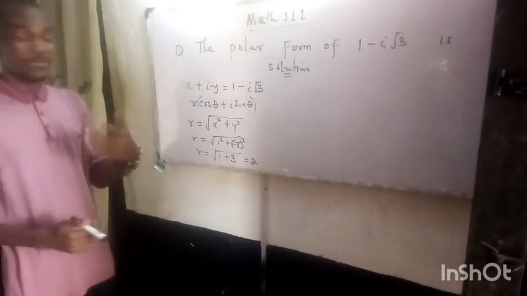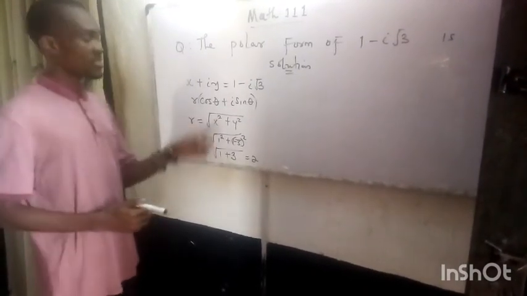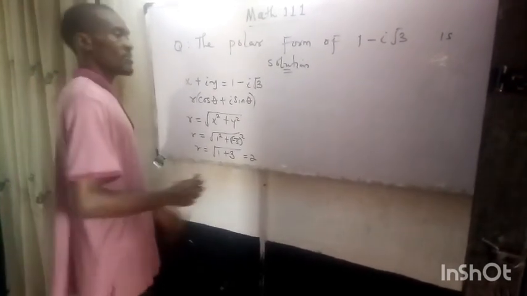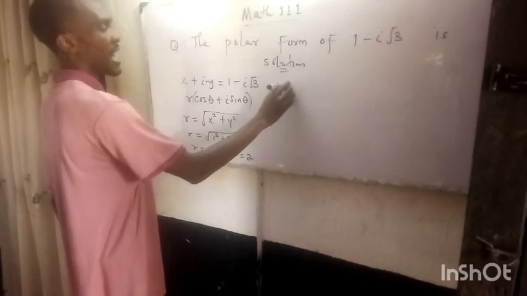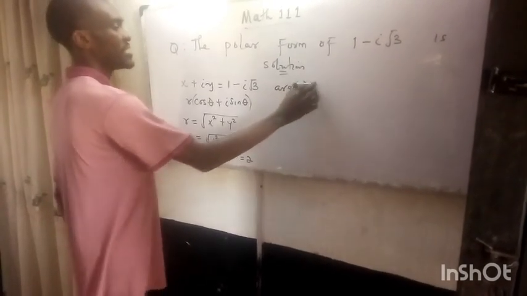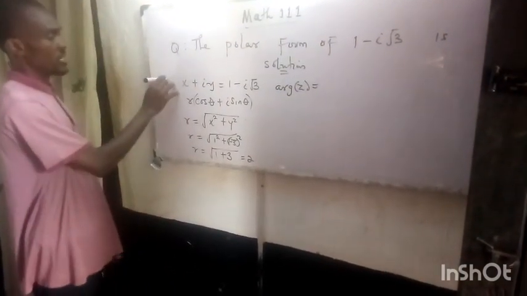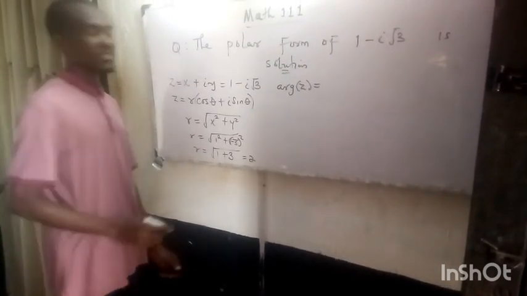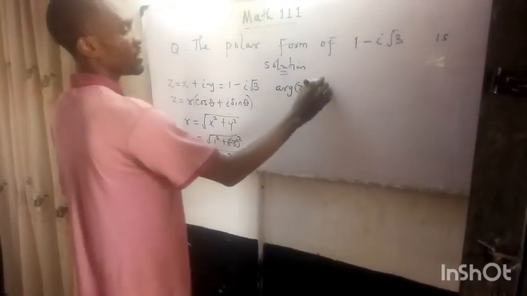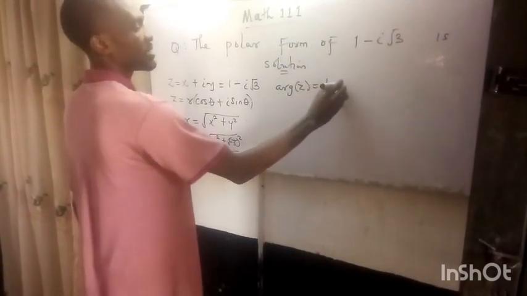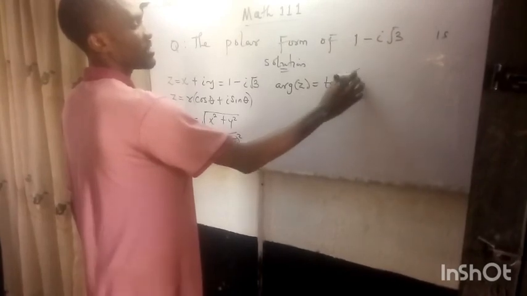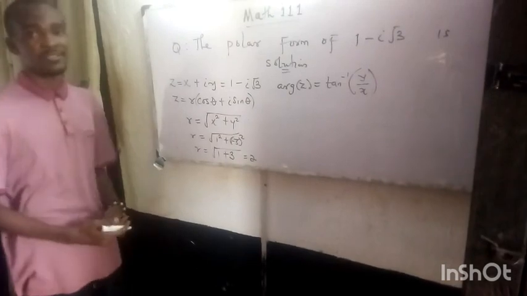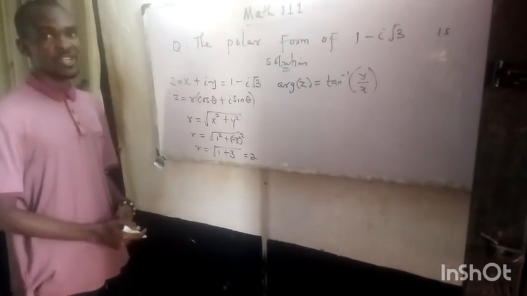So let's go ahead to obtain the argument, which is the theta of the complex number. And don't forget that the argument, arg z, if we label our complex number as z, is going to be the tan inverse of y over x. So this is our arg z for the complex number.